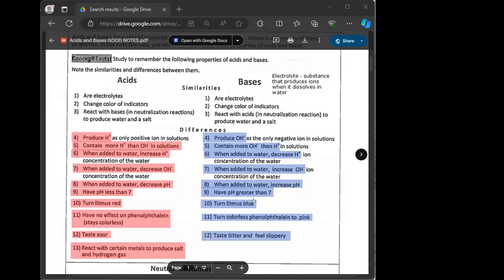They turn litmus paper blue. And they also turn phenolphthalein pink. Phenolphthalein, again, is the pH indicator.